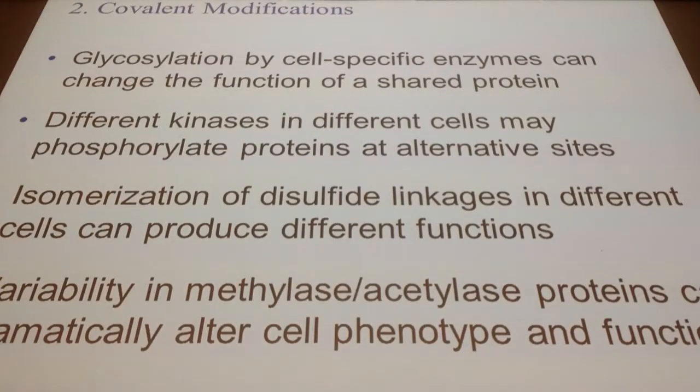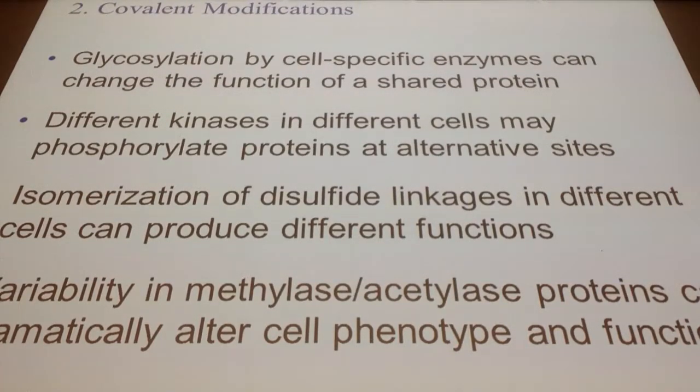So that's folding. Very important. The next type of modification is called covalent modification, and we talked about this, and we'll talk a lot more about this. Covalent modification is a means to control or regulate protein function.